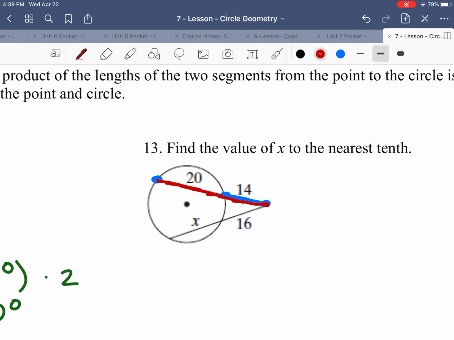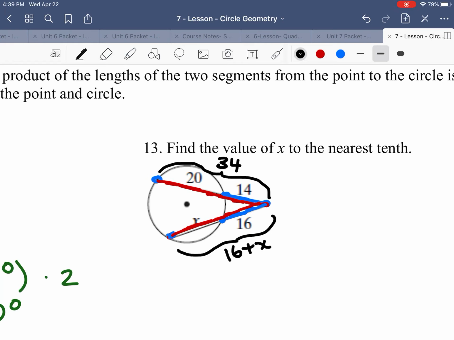All right, I'm going to have to go two colors here. So I'm going to have the red and the blue. All right. And the same will be true on this side. I'll make it blue just for consistency. All right. So what they're telling us here is that indirectly the overall length is going to be 34, and in this case the overall length is going to be 16 plus x.